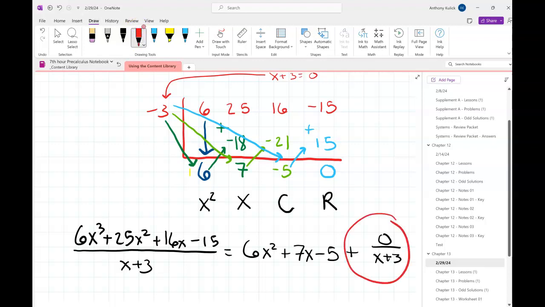Now, do I really need to write this? No. Why not? Because the remainder is 0, right? A 0 over any non-zero number is 0, so it just can disappear. We don't really need it.